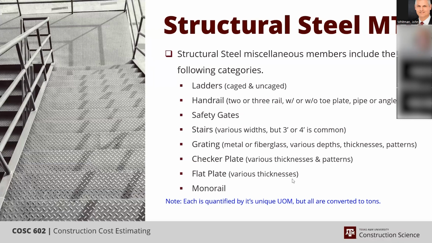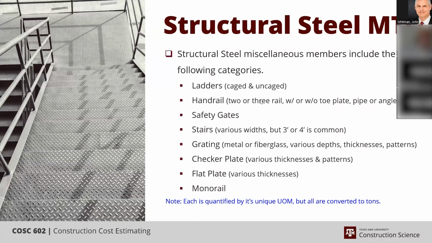Most of them have some variation, like I mentioned. Ladders can be caged or uncaged. Handrails have quite a bit of variation in them. You can have 2 or 3 rails, and they can come with or without toe plate, and they can be pipe or angle iron. Theoretically, as long as they have 2 rails and a toe plate, the pipe and angle weight doesn't vary too much.